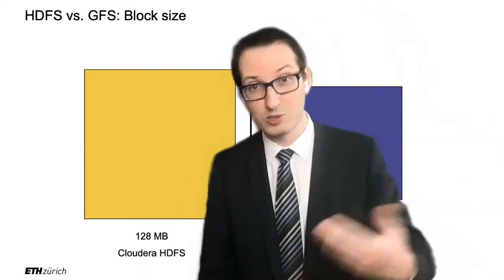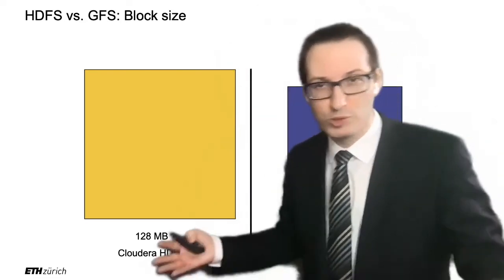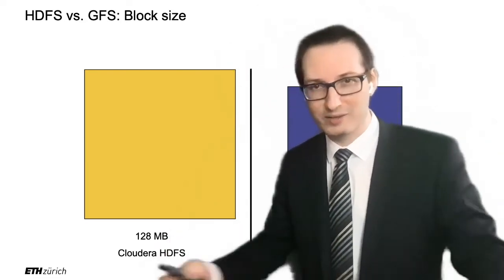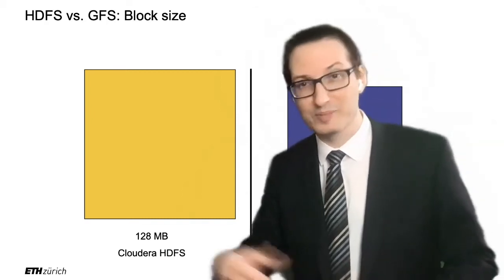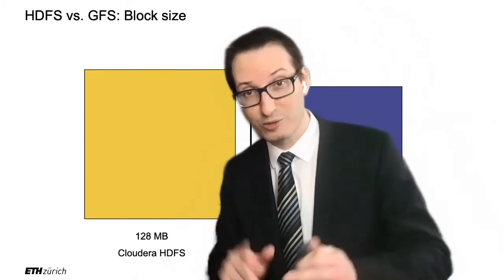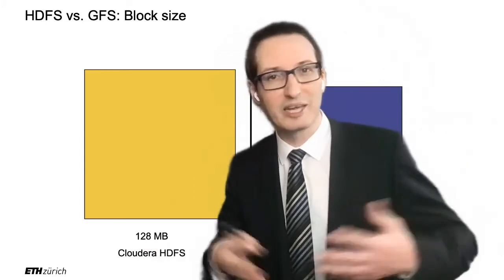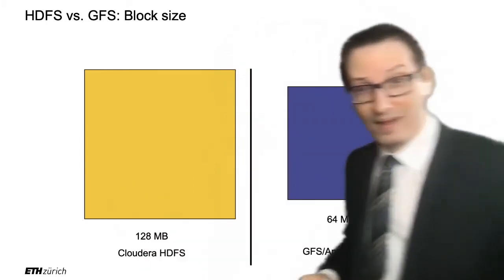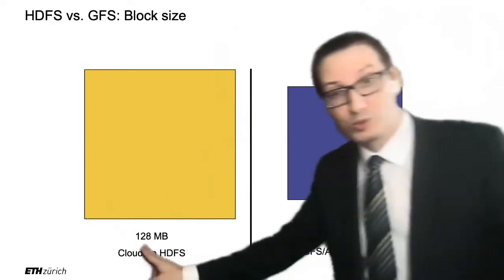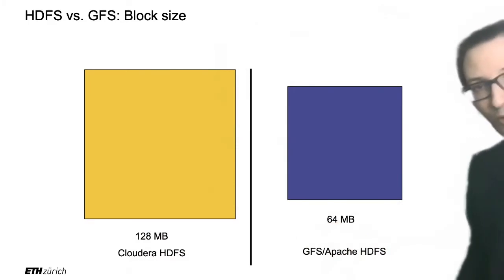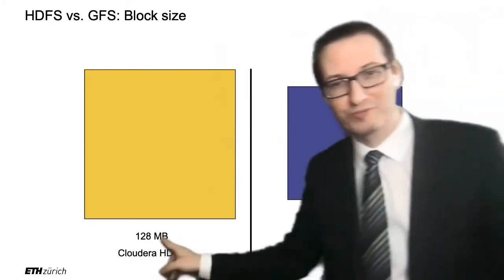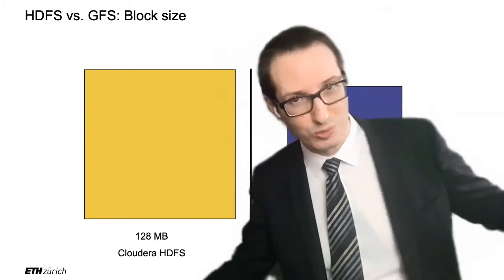So it's a distribution. So HDFS also has distributions. There is the Cloudera distribution, and there are several of them, and they have different configuration values. It's just a package that you can download and install. Most of them have 128 megabyte blocks, but some of them might have 64. I guess maybe by now, some of them made the jump to 256, who knows?